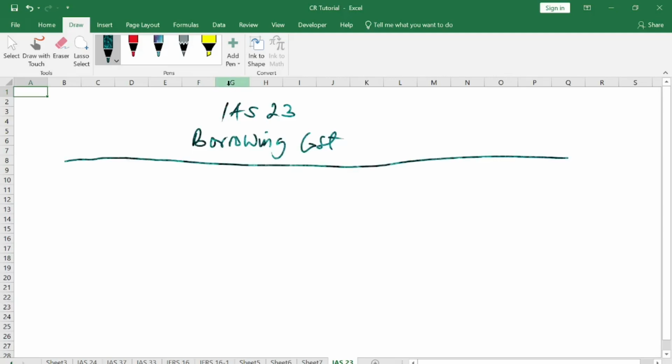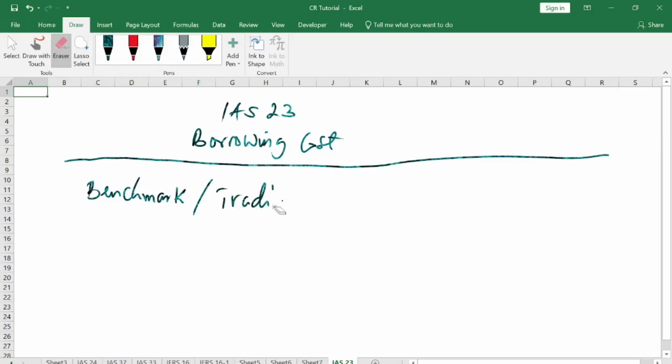Before 2007, when the previous accounting treatment of IAS 23 was revised, we had the benchmark or traditional treatment of borrowing cost before the revision. This is how borrowing cost was treated.